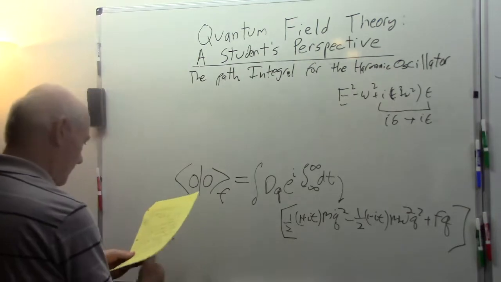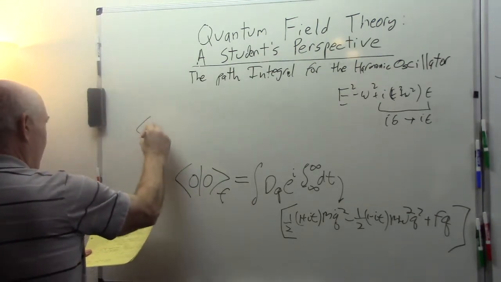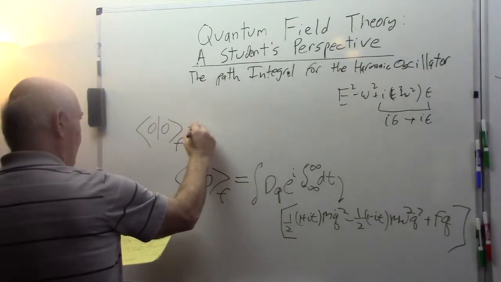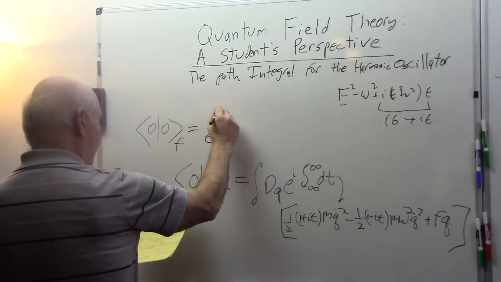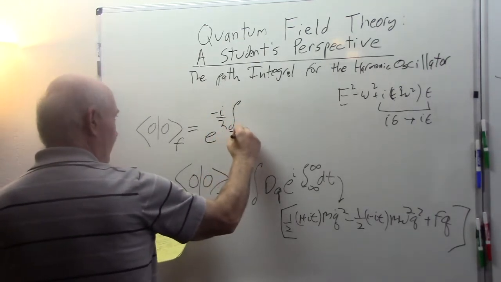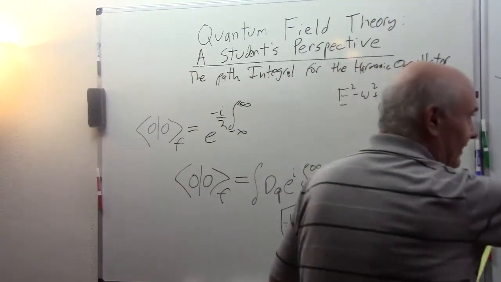I'll erase it after I put it on the board, but our final formula is equal to e to the minus i over 2, the integral from minus infinity to infinity. The minus sign comes from this last term.